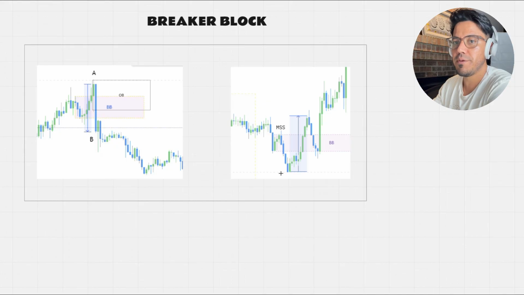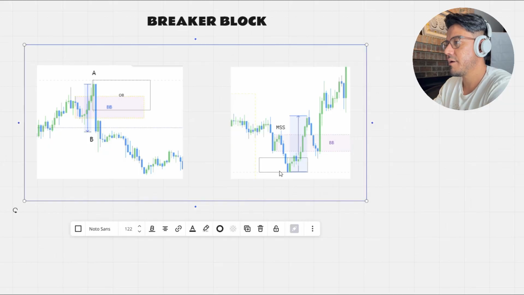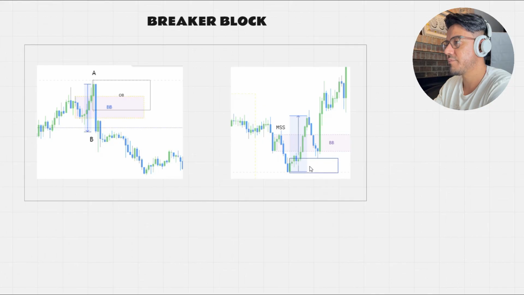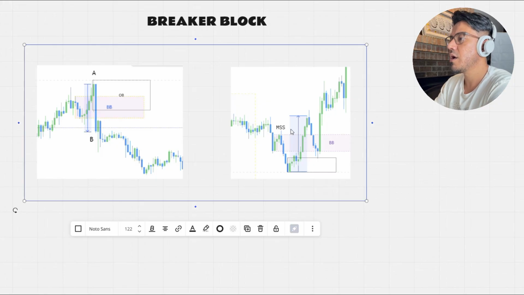If you can show me, our order block is this guy. Let me grab this. This is our order block. So it is breaking the order block, displacing through this key level, creating a market structure shift.